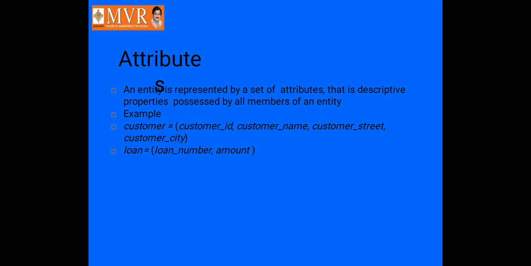So here the attributes. An entity is represented by a set of attributes, that is, descriptive properties possessed by all members of an entity. Example: customer equals customer ID, customer name, customer street, customer city; loan equals loan number, amount.